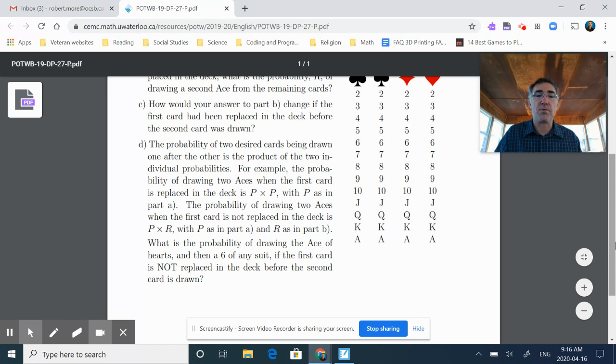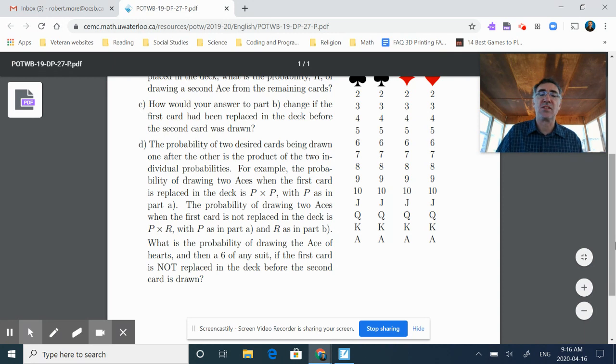And so what is the probability of drawing the ace of hearts and then a 6 of any suit if the card is not replaced in the deck before the second card is drawn? So again, I need to look at this. I'm going, okay, the ace of hearts. So this is actually a little bit different from my initial A question, in that I don't have 4 choices. In fact, I only have 1 choice out of the 52.